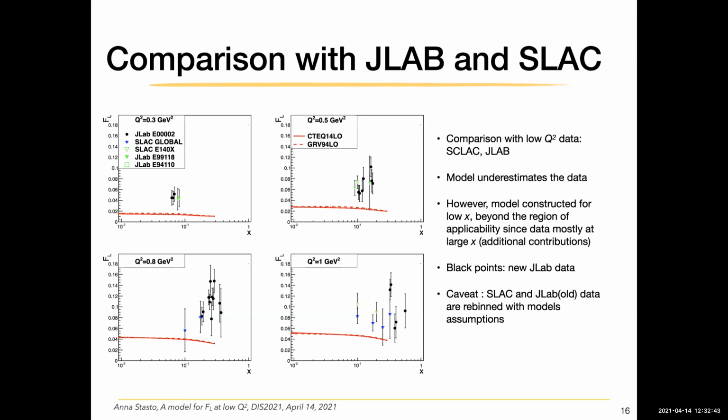I think that we are missing some other sources of the higher twists here. I looked at some of our other models, where I calculated FL in a similar approach, but somewhat differently, and I got higher results. But I wouldn't commit to any specific.